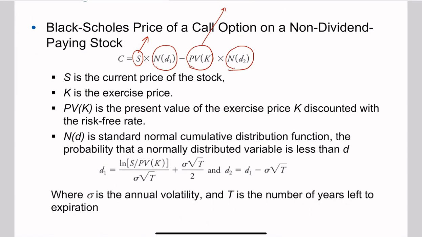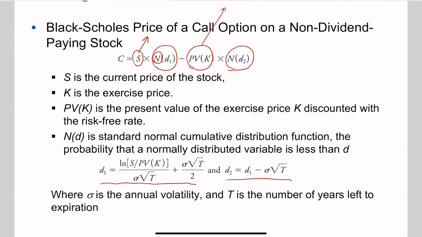Given this formula, it's actually easy for you to find out how to calculate d1 and d2. So the only difficulty here is about this guy, right? This N here. Again, N refers to the cumulative distribution function. And as I said, you're not required to know how to exactly calculate this.